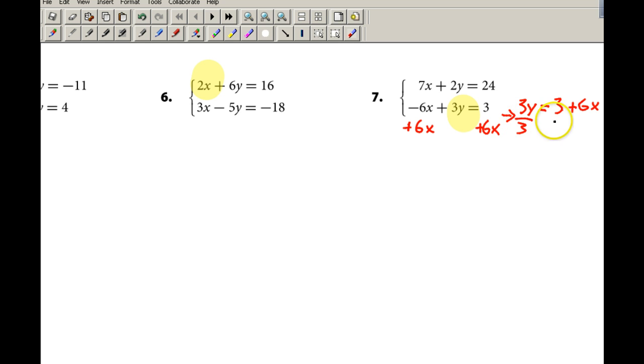Divide by 3 both sides. y equals 1 plus 2x. And then I would take that, 1 plus 2x, and substitute in on the top equation and finish the whole thing up. So this equation and this variable is the only one that will leave me with no fractions.